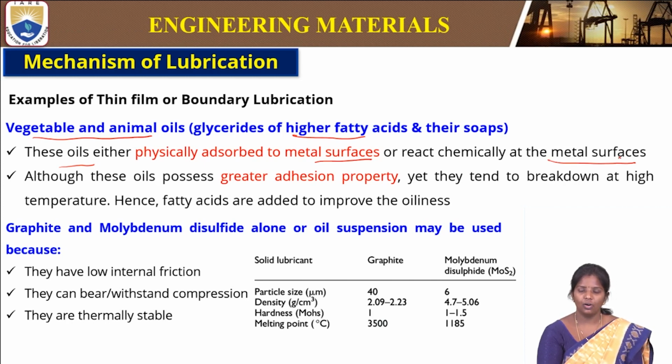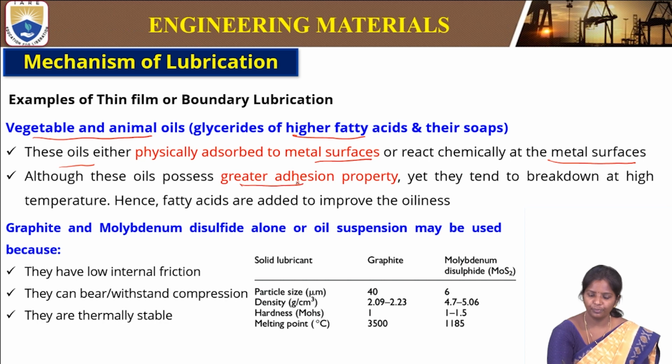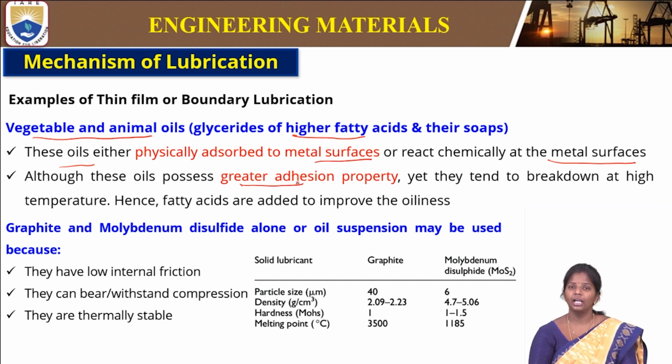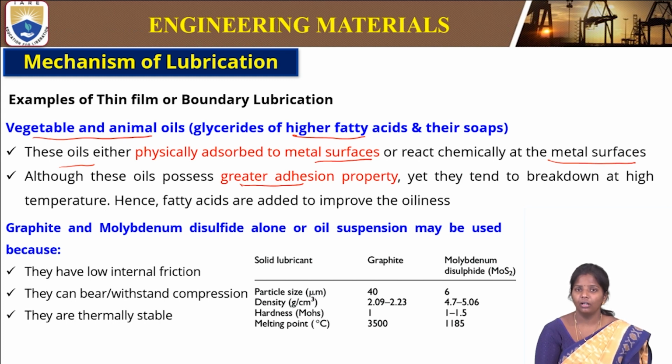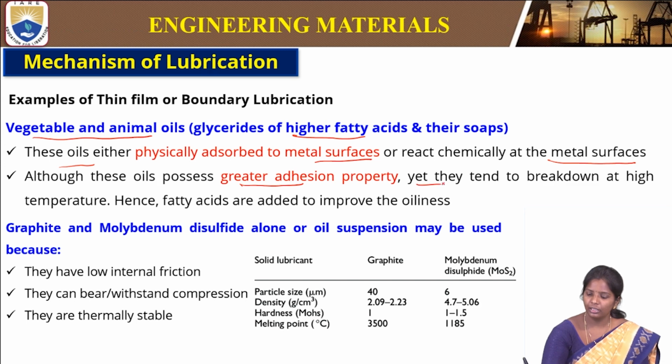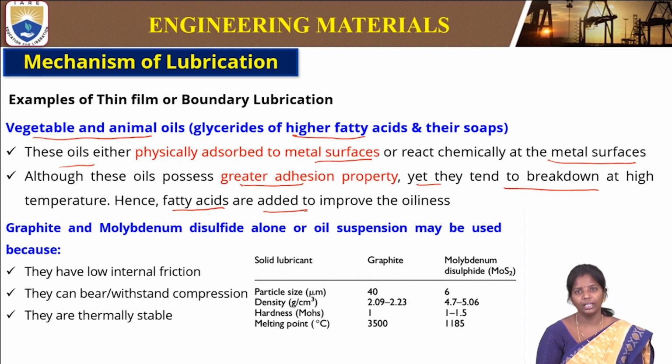Although these oils possess adhesion property, after some temperature they tend to break down. Yet they tend to break down at high temperatures. So fatty acids are added to improve the oiliness.